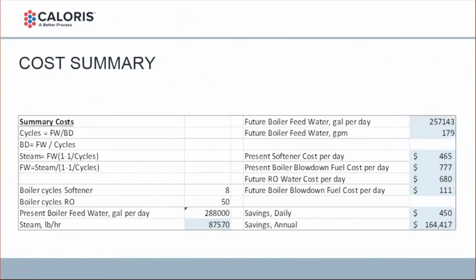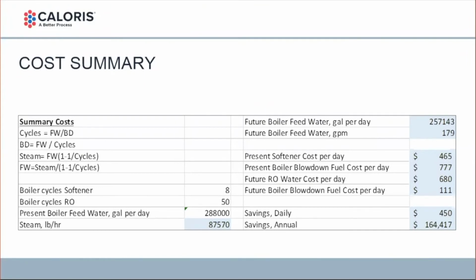So now the summary. We'll use those formulas we have on the left to figure out what our future feed water is going to be, going from boiler cycles on the softener of 8 to cycles on the RO of 50. Presently we're using 288,000 gallons per day of feed water.